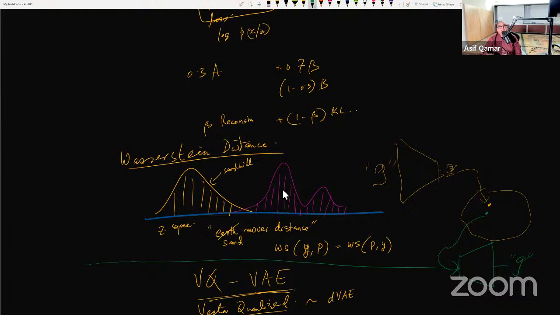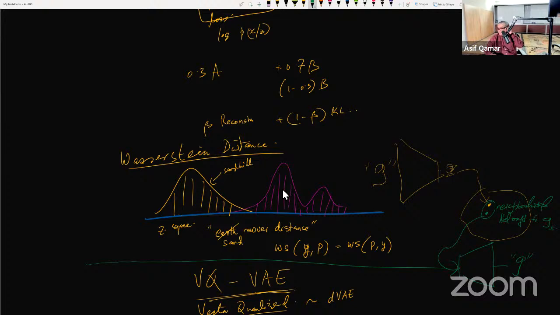The only way the machine can produce it is if it can make sure that this whole neighborhood belongs to 9s, all sorts of 9s. Does that make sense, guys? And that is how a variational autoencoder forces regions to come together.